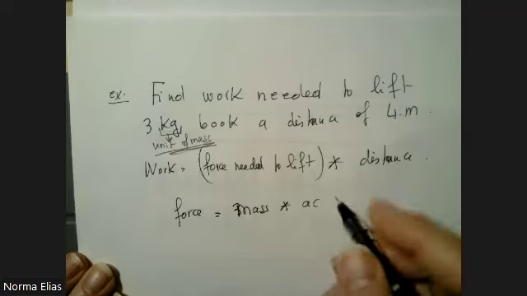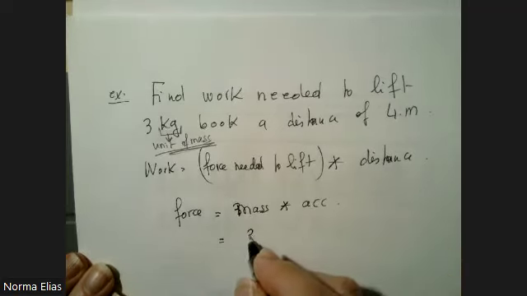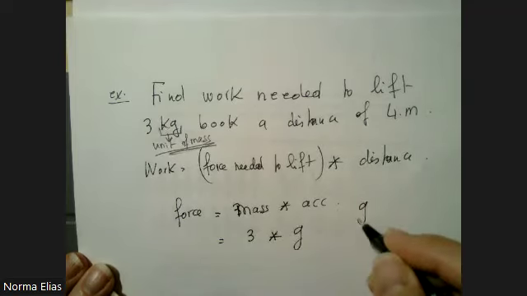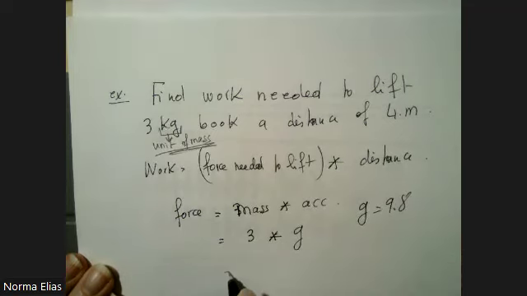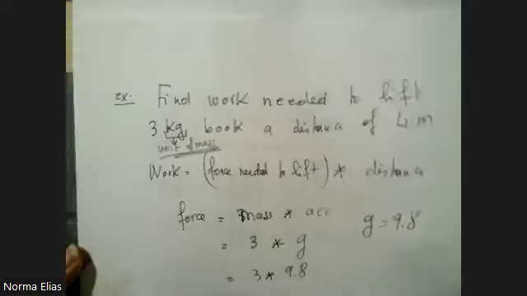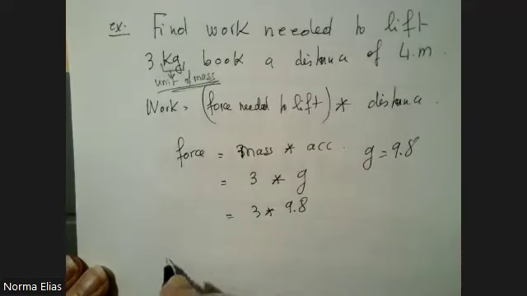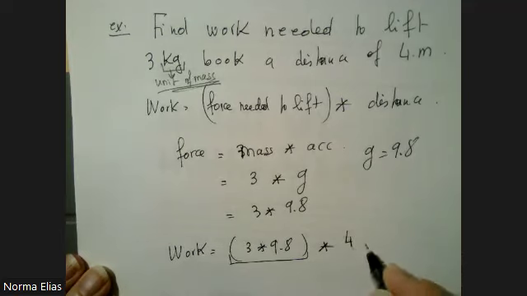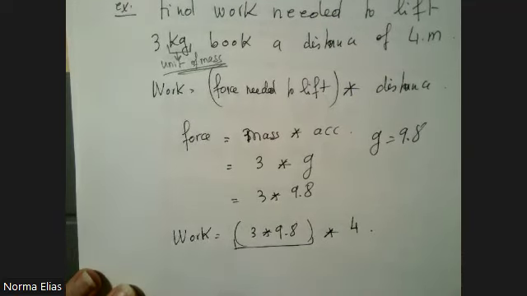So the force needed is 3 times the acceleration due to gravity, which is 9.8. That's the force. So the work is the force, mass times acceleration, times the distance, which is 4 meters. And of course, we do the math here. You get 147 joules.